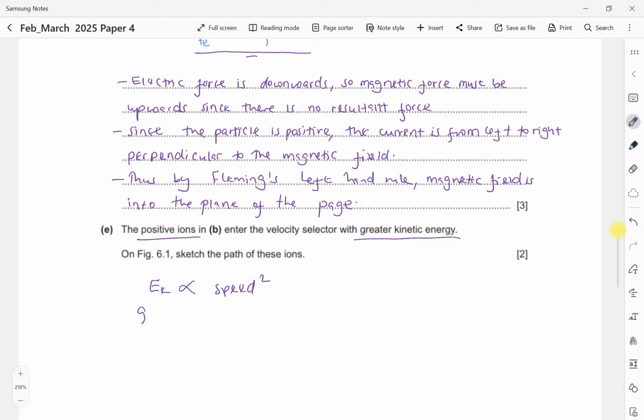So greater kinetic energy implies that the new speed of positive ions is greater than u.